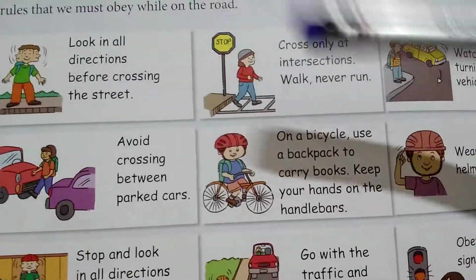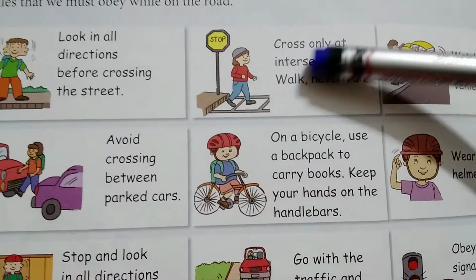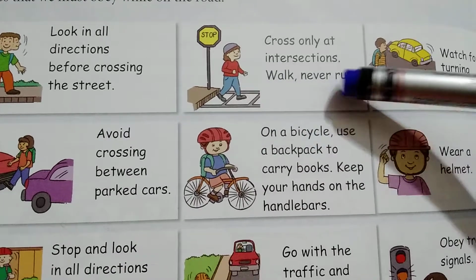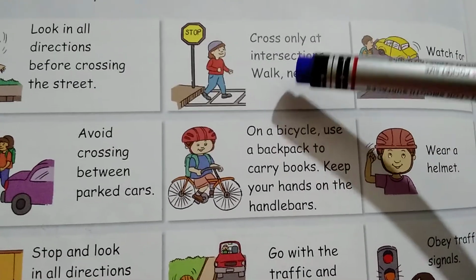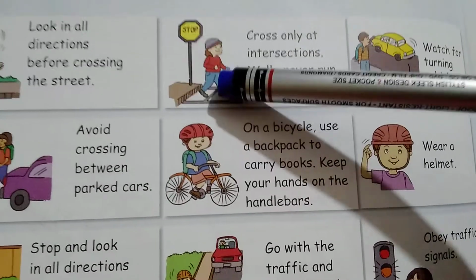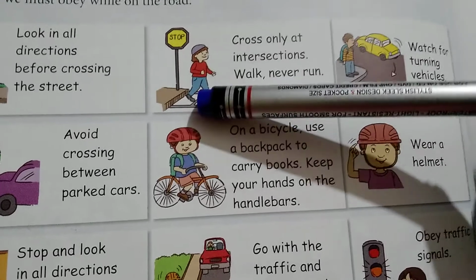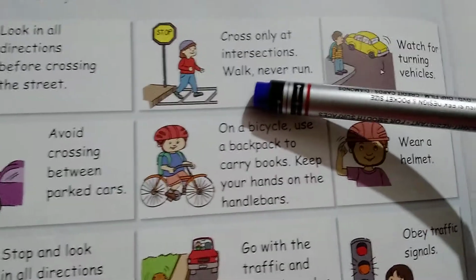You should do that. Whenever you cross the street, look in all directions. Cross only at intersections. Walk, never run. Okay? Whenever you cross the road, you must walk. Don't run. And you cross only through the zebra crossing, you know.